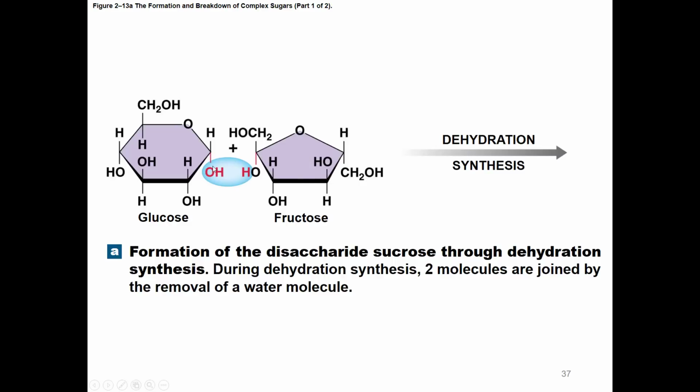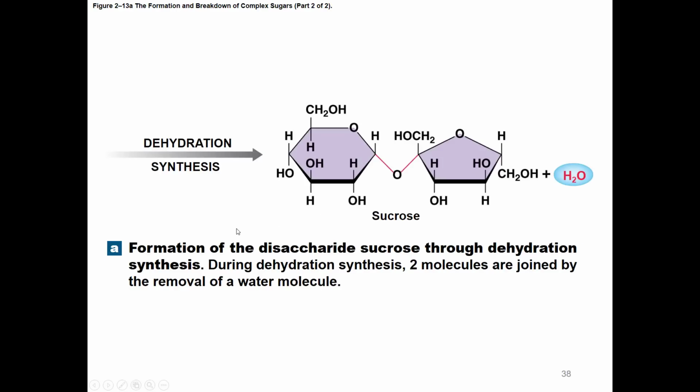And if you look between the two, you can see the components of water, OH and H. If we combine those, that's H2O. So if we remove that water or dehydrate it, this will link the two together to create a disaccharide or double sugar called sucrose, which is table sugar. It's kind of cute. It looks like they're holding hands.